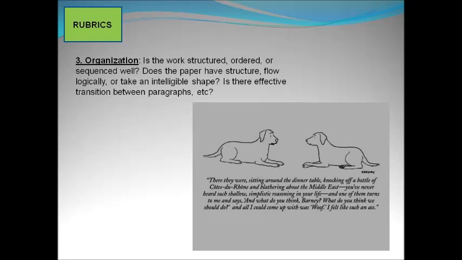You get that so much, that kids have good ideas, but everything's out of place. It all needs to be reordered, restructured, resequenced. This is a great task that we have. So when you make a rubric for writing, include a section on organization or structure or something like that, right?